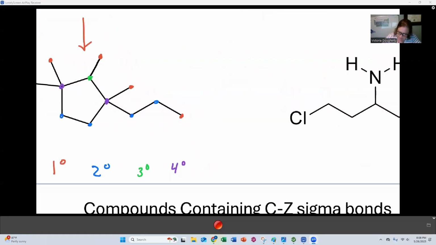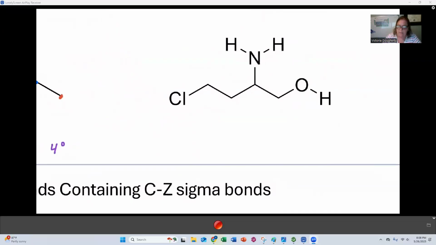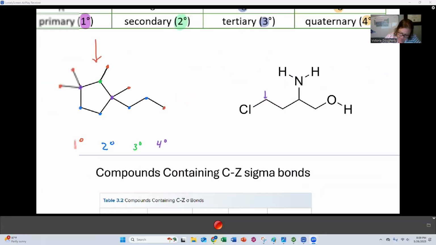And so again, don't get tricked when we start adding in heteroatoms, all right? This right here is a primary carbon because it's only attached to one carbon. Whereas this right here is a secondary carbon because it's only attached to two carbons.